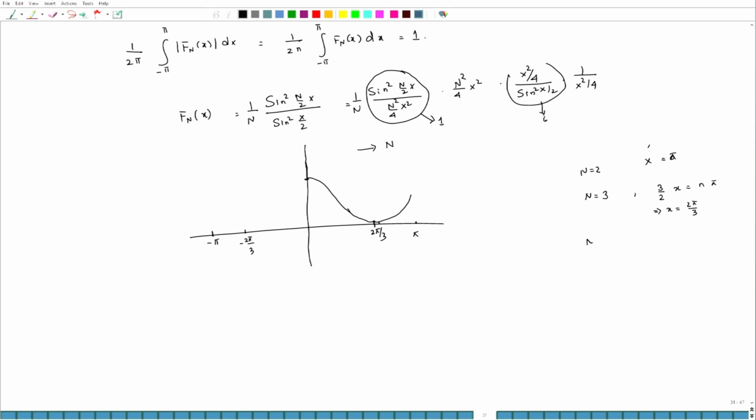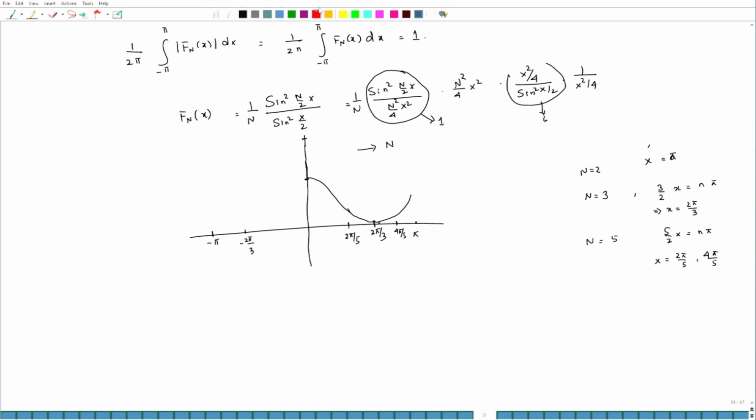Suppose now I take n equal to 5. Then 5 by 2 x is equal to n pi. How many such n are there? n equal to 1 and n equal to 2. Therefore, x is equal to 2 pi by 5 and 4 pi by 5. So, here it is 4 pi by 5 and this is 2 pi by 5, and n equal to 5 is here.